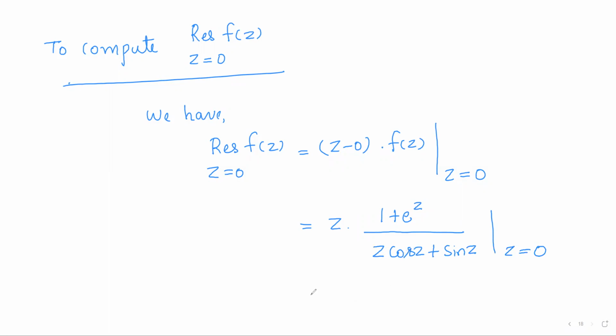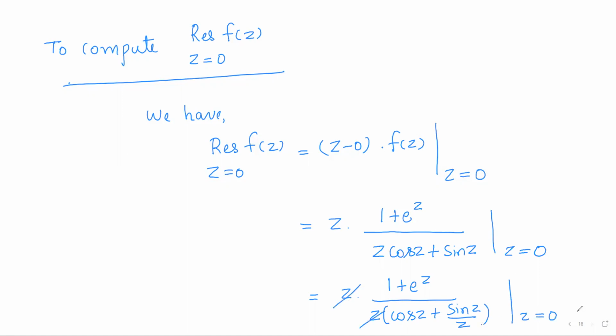So first we shall cancel the z. For that, take z common in the denominator: cos z plus sin z by z at z is equal to 0.